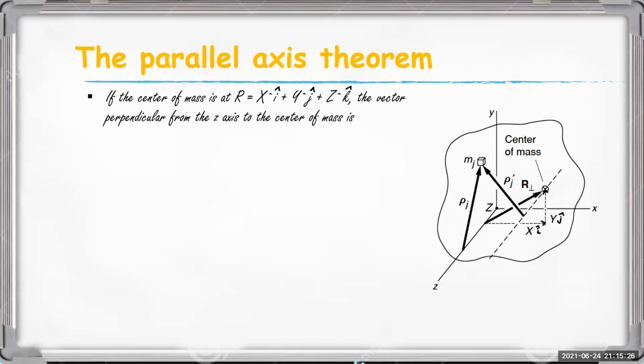Then xi plus yj must give this r perpendicular vector. So r perpendicular must be equal to xi plus yj.